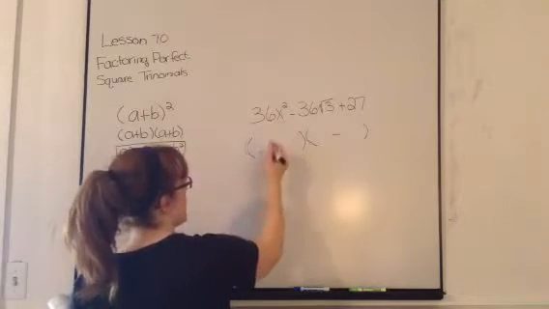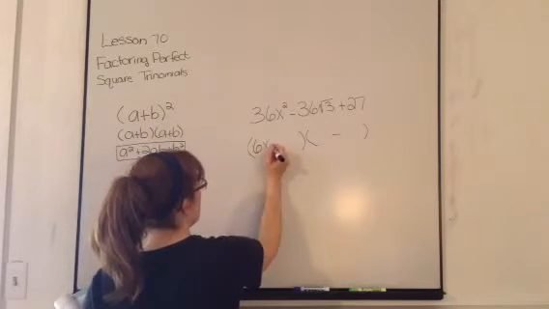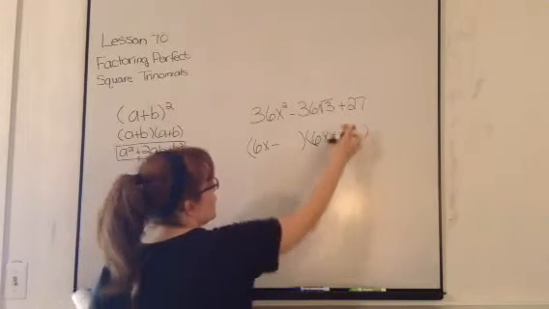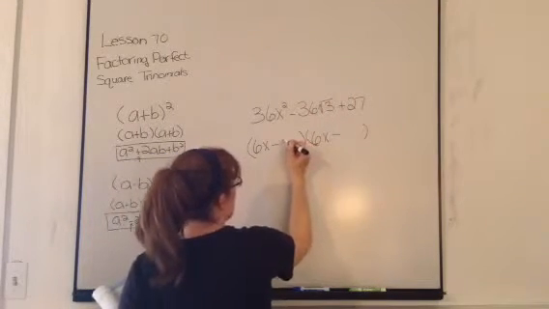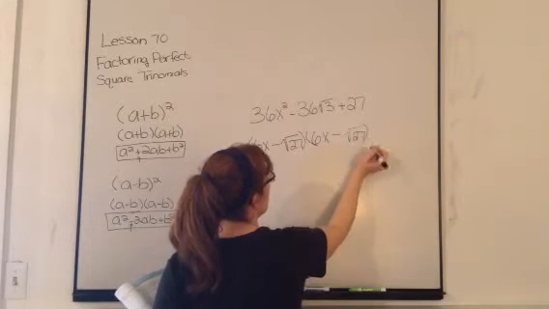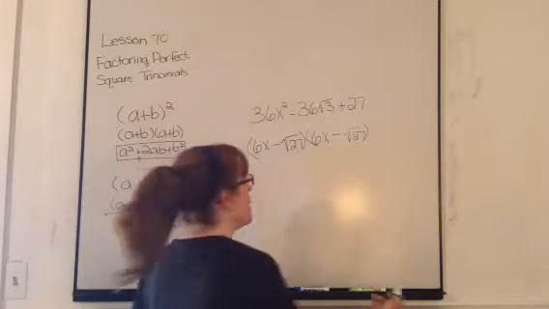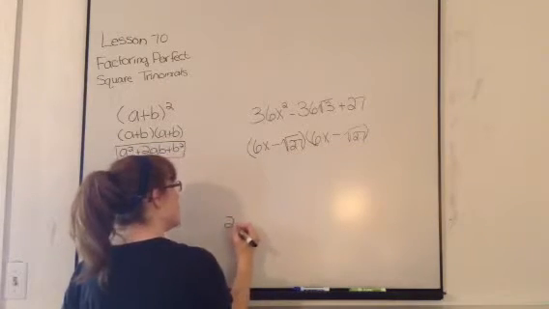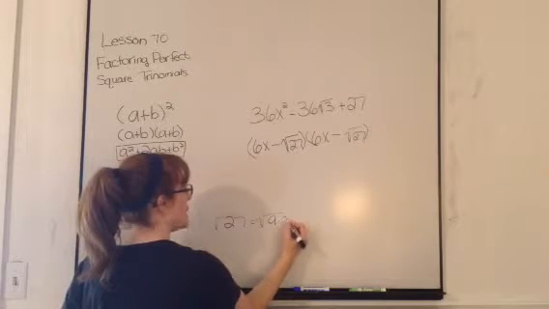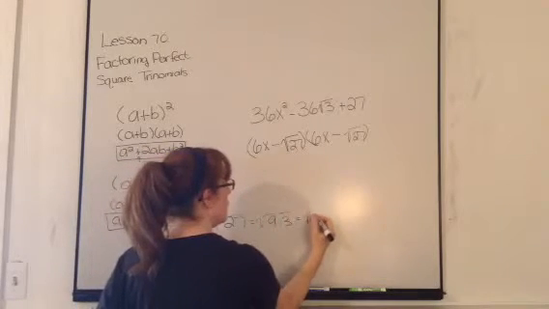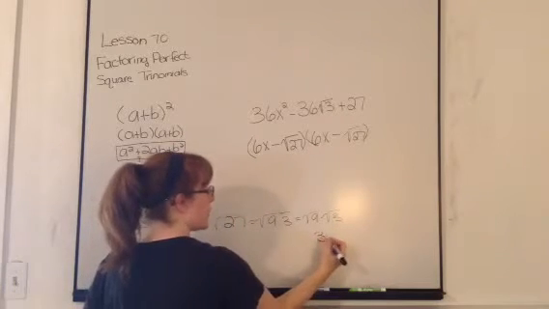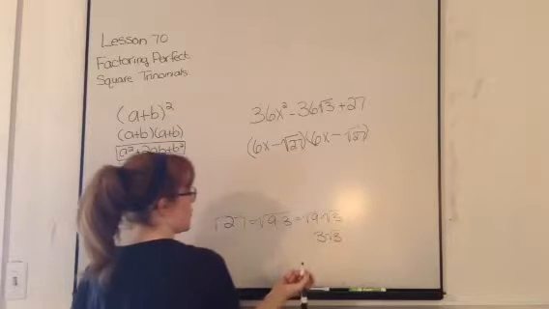I have 36x squared, which gives me 6x on both of these. And then I have 27. Well, the square root, we'll just write here the square root of 27. And then that can be simplified, because if you remember, the square root of 27 equals the square root of 9 times 3. And the square root of 9 is 3, so that would be 3 times the square root of 3.